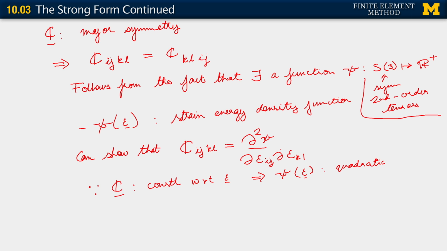So this second derivative of psi with respect to epsilon can be taken, and in general it's non-zero.